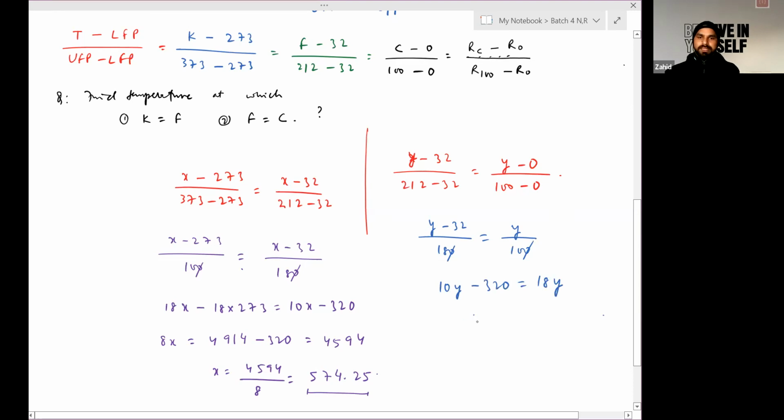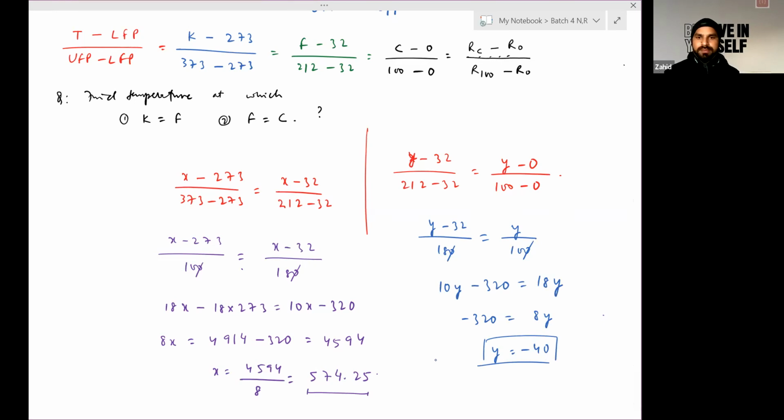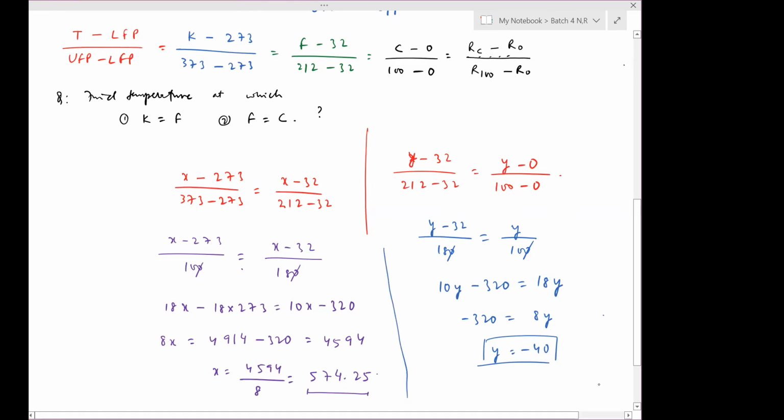So minus 320 equals 8y, or y equals minus 40. Just remember these two different values at which Kelvin and Fahrenheit coincide, and Fahrenheit and Celsius coincide. Minashi, any doubt? No, sir. Okay.